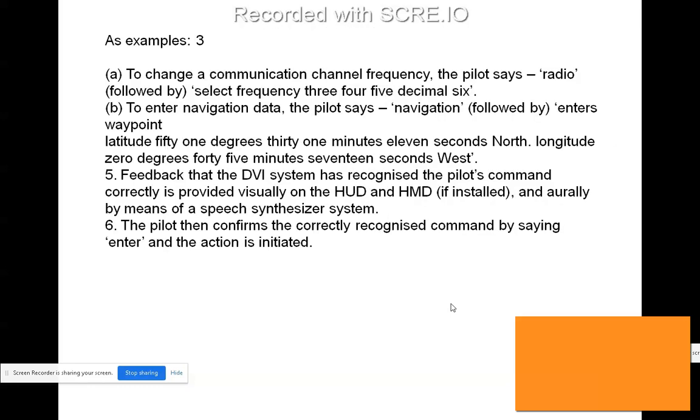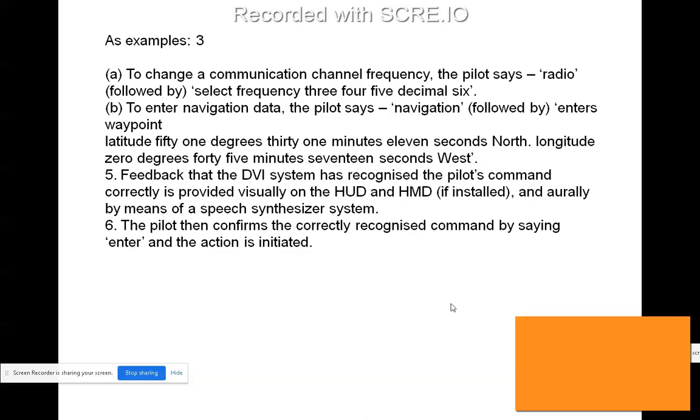How the voice message is controlled is given here as an example. To change your communication channel frequency, the pilot says radio, followed by select frequency 345 decimal 6.